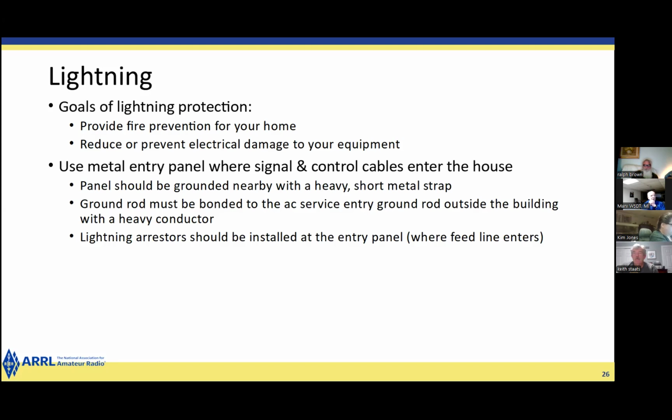So you should have a ground rod right close to that metal entry panel, and bonded to it, and then that should also be connected to the ground rod that supplies your AC into the house also.